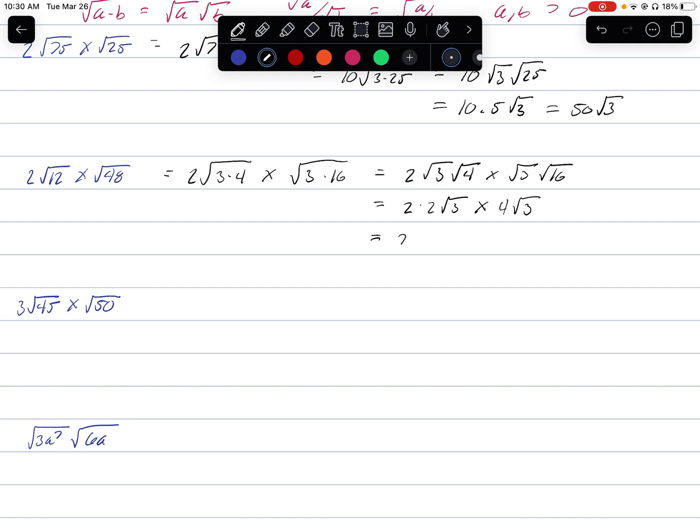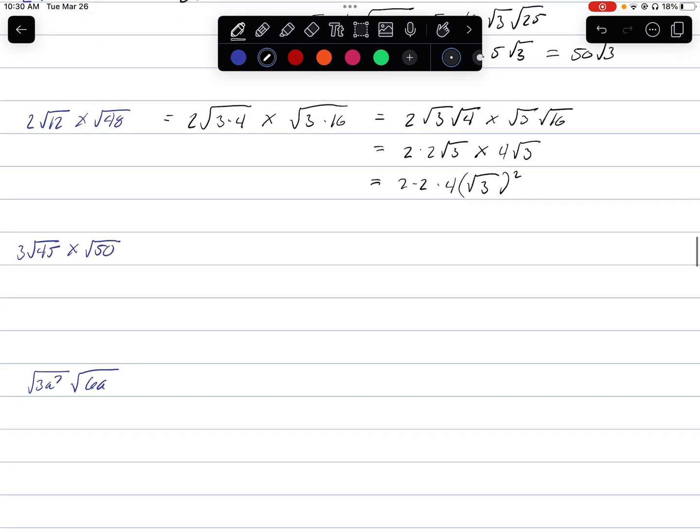We can rewrite this as 2 times 2 times 4 times the square root of 3 squared, because we have the square root of 3 times the square root of 3. But that just undoes the square root, so really we have 2 times 2 times 4 times 3. 2 times 2 is 4, times 4 is 16, so we have 16 times 3, which is just 48.